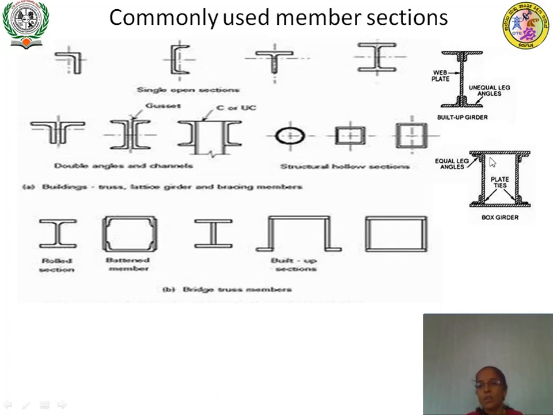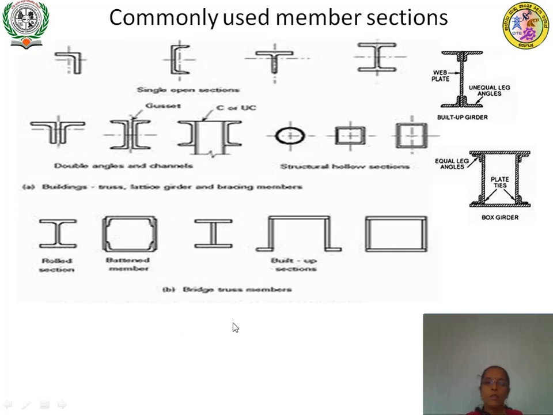Here is one more type of built up section. Angles are placed here, called cleat angles. Two plates are used, one at the bottom and one at the top, and to support them we have cleat angles. This is one more type of built up section.